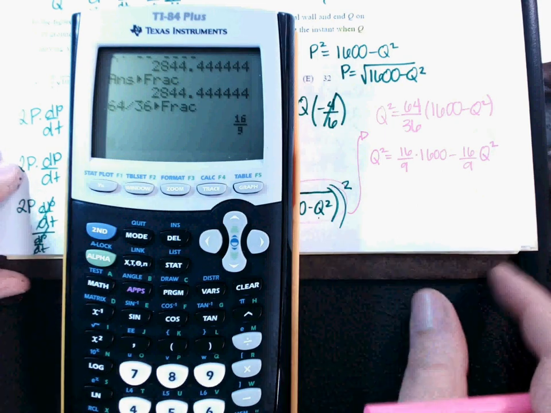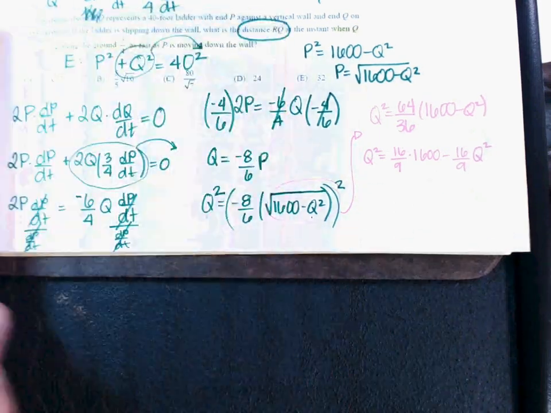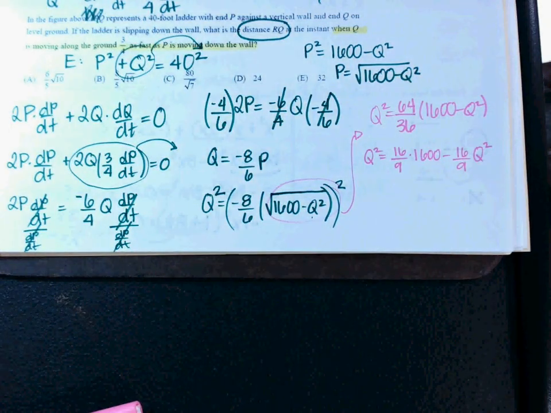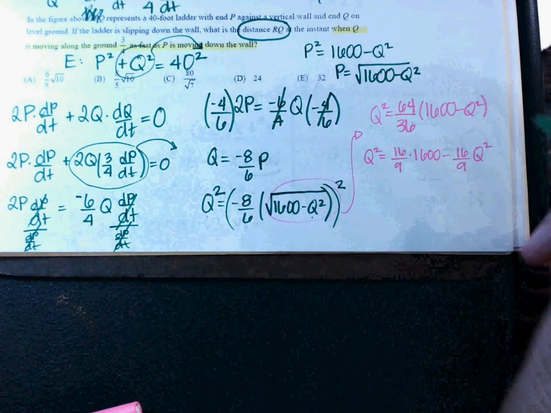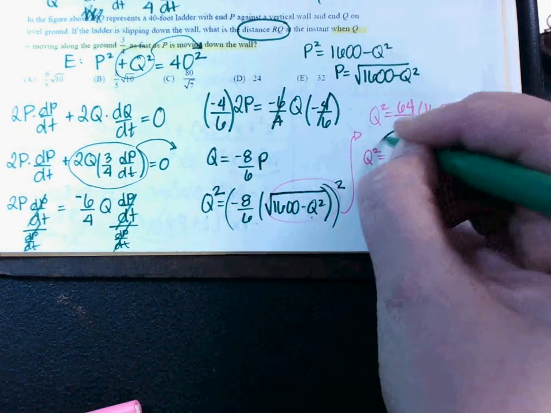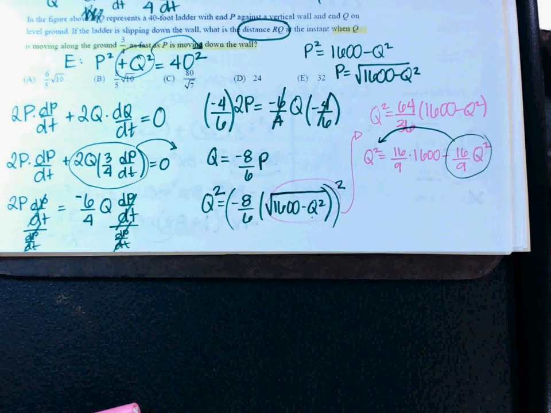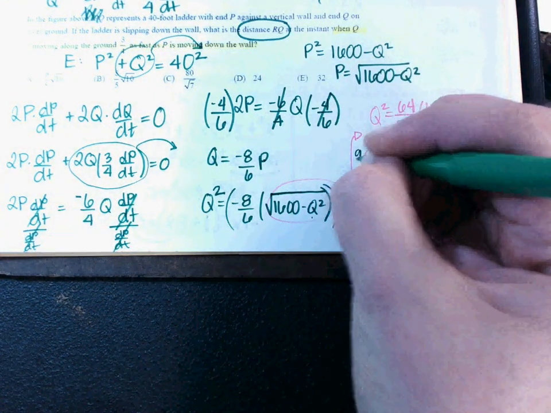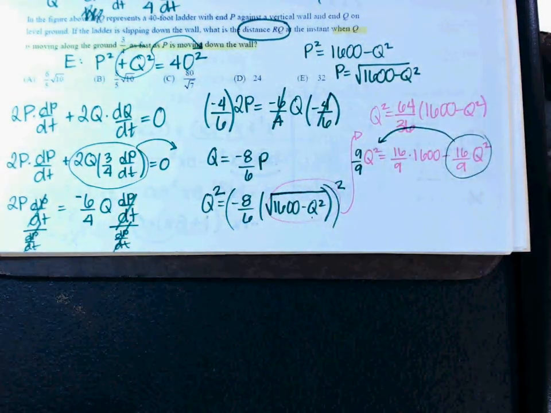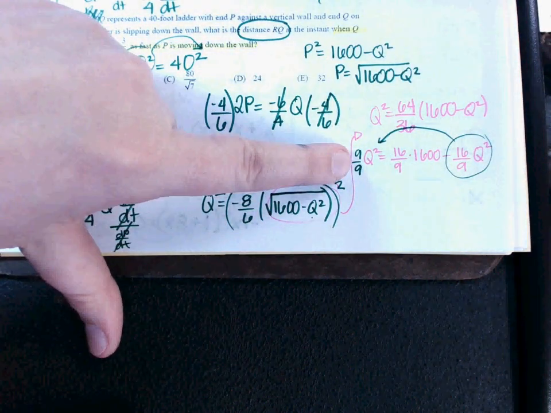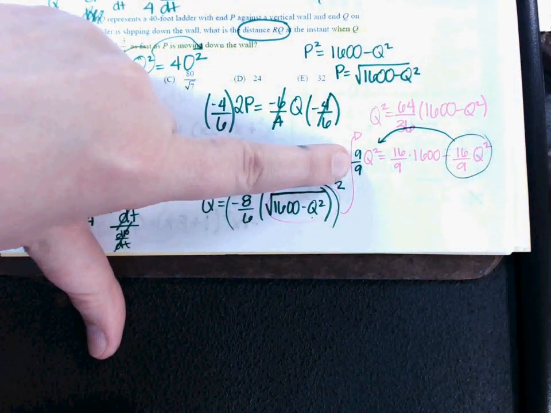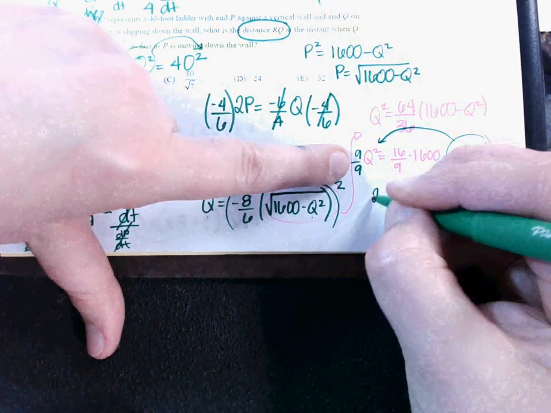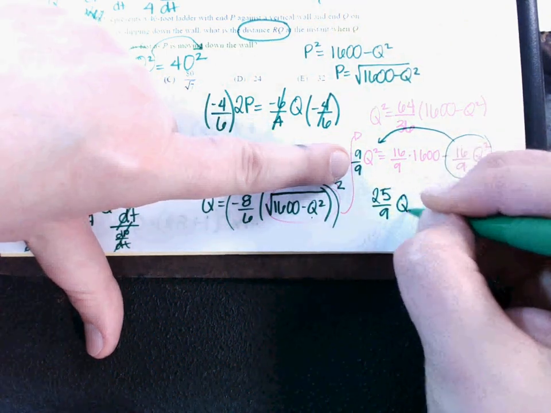Look at them. They're apart from each other. They want to be together. So how do I get rid of minus 16 over 9 q squared? Add it over to the other side. And if this is a 9 over 9 q squared, because it's like one whole one, what is 9 over 9 plus my 16 that's moving over? 25 over 9 q squared.